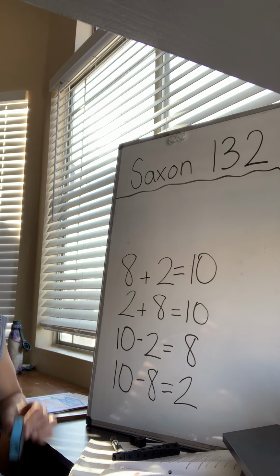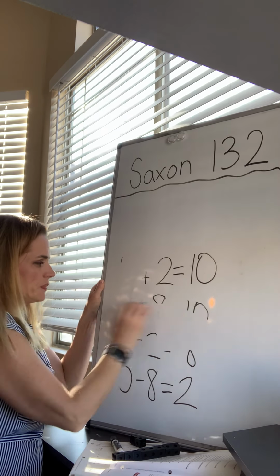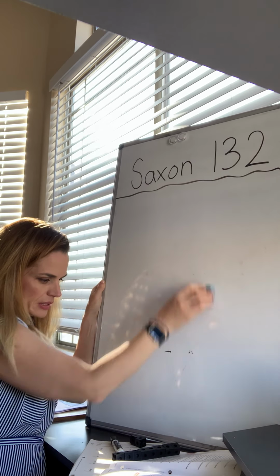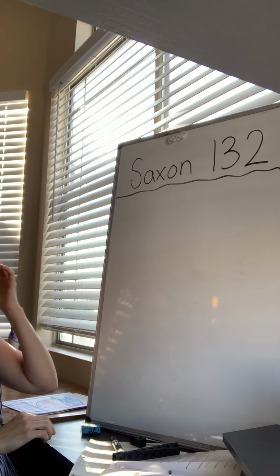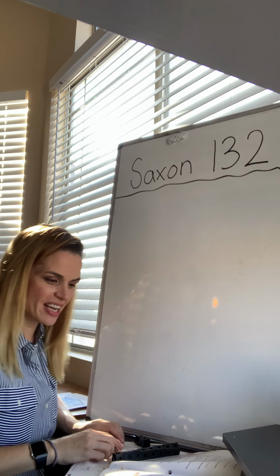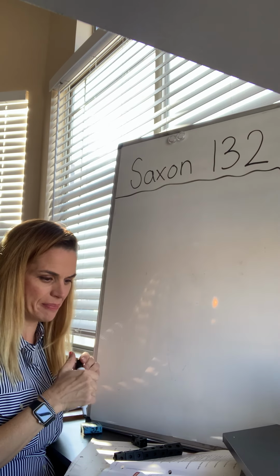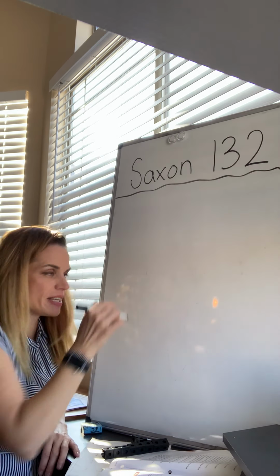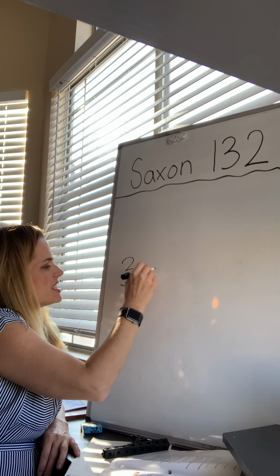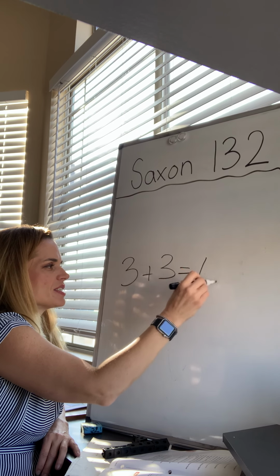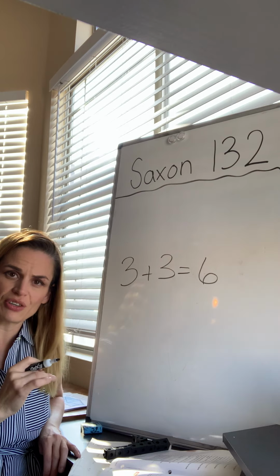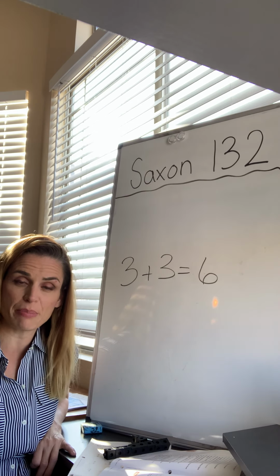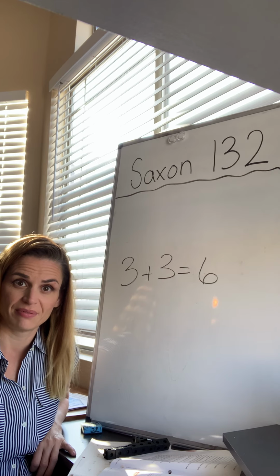All right, let's take a look at this one. Sometimes things are a little bit different. So 3 plus 3 equals 6. I want to make sure we point out the exception. 3 plus 3 equals 6. Is there going to be 2 addition facts for this one?